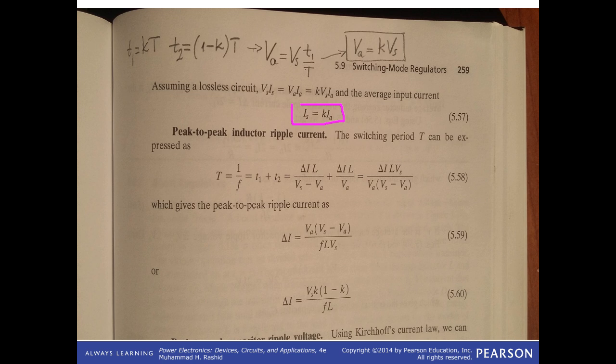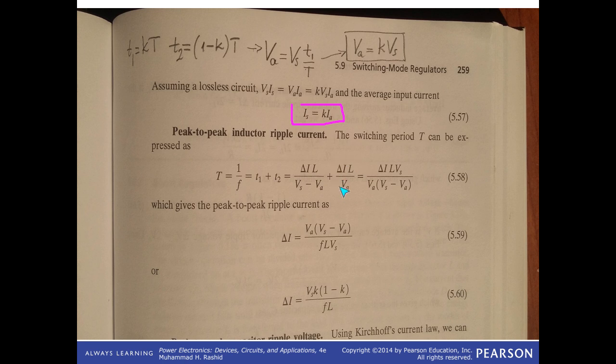Now calculating the ripple. Now the total period, follow my cursor please. Total period is equal to 1 over F, which means T1 plus T2. T1 is on time, T2 is off time. T1 is already derived, that one here, and T2 is already derived, that one here.